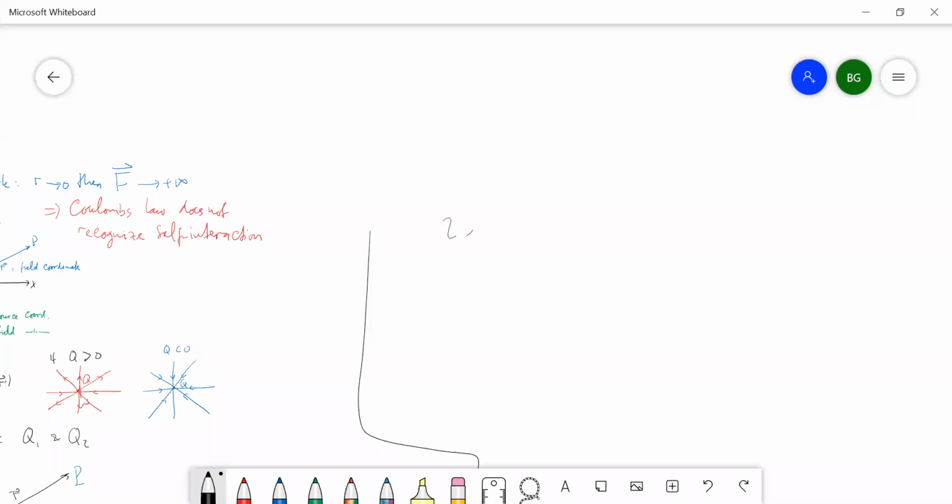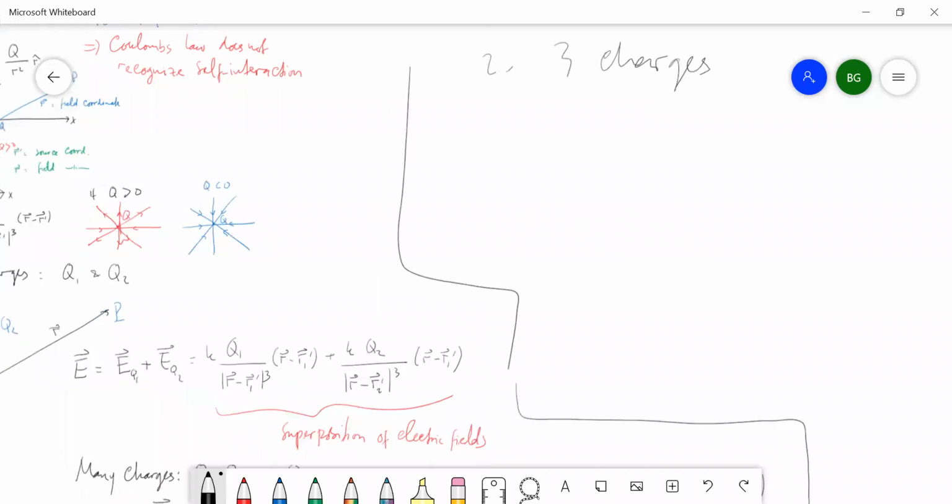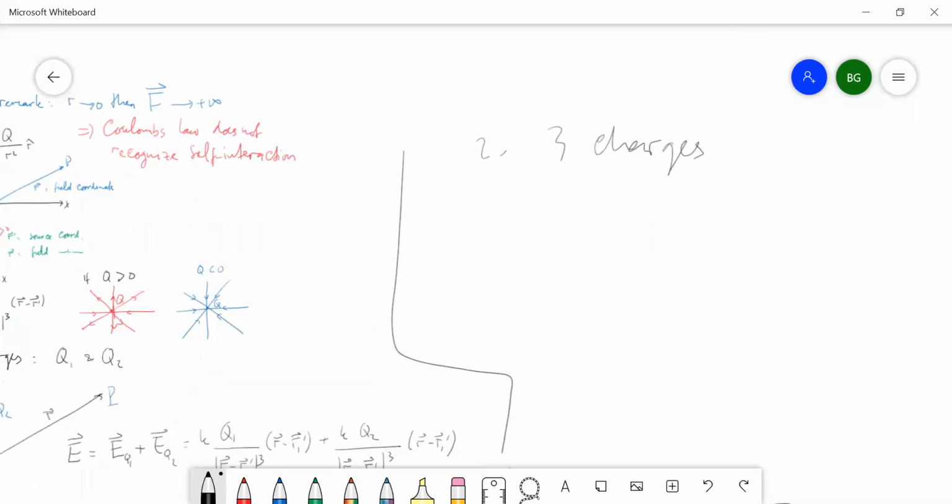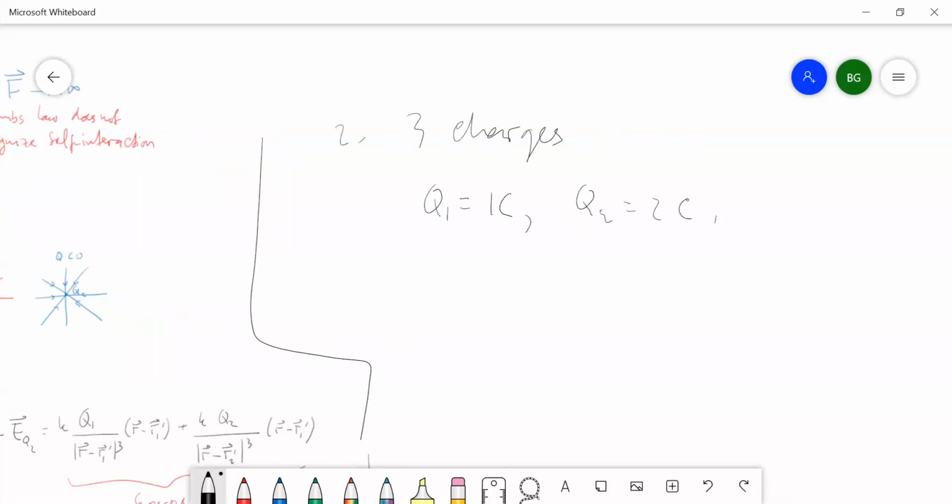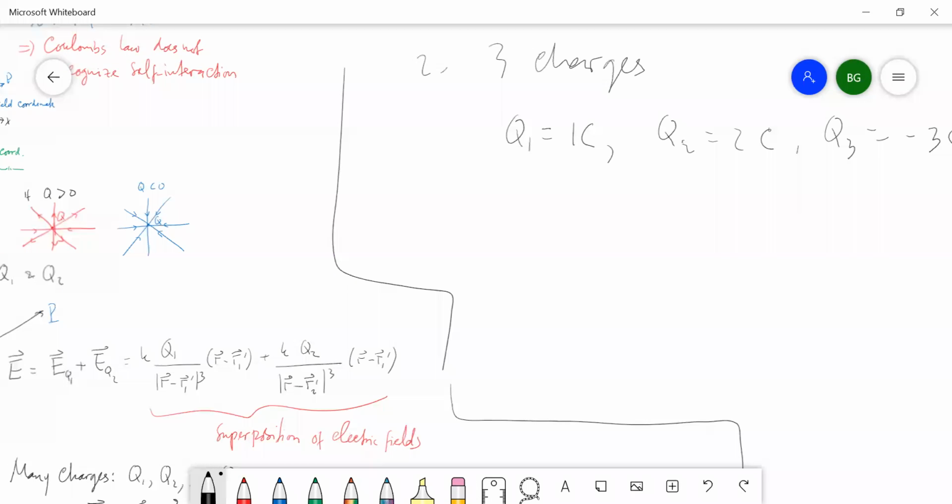Example 2, 3 charges. Let's say Q1 equal to 1 coulomb, Q2 2 coulomb, Q3 minus 3 coulombs.